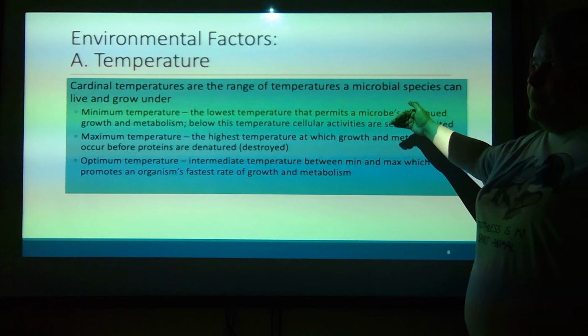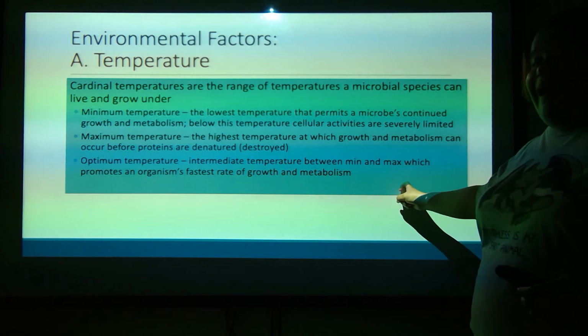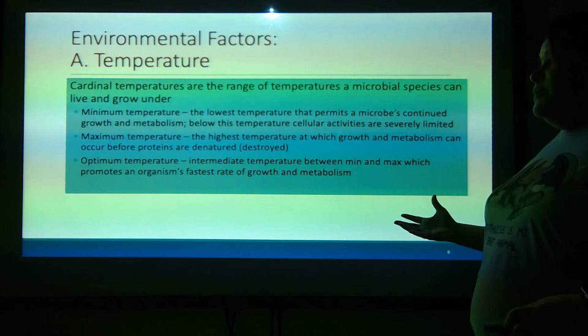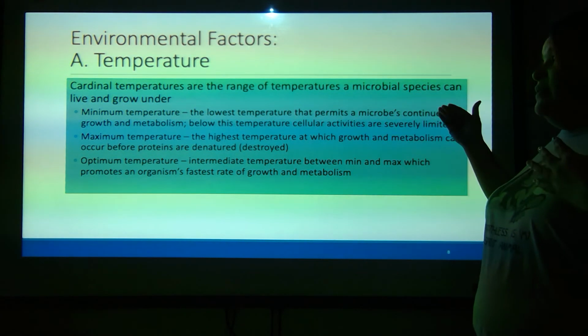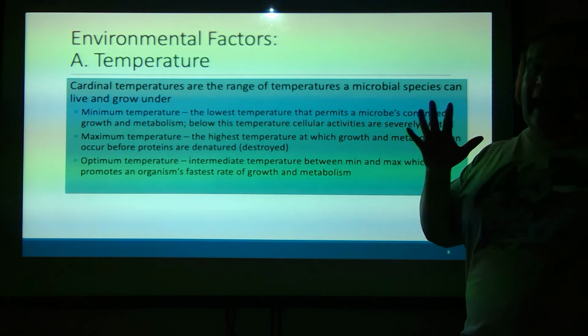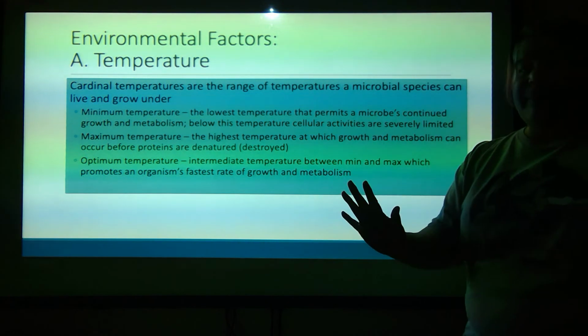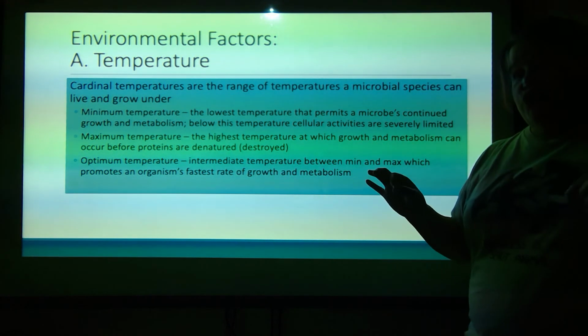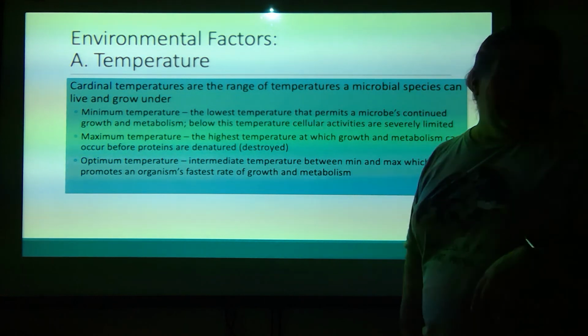In the middle of minimum and maximum is usually the optimum temperature. The optimum temperature is between the minimum and the maximum, and basically it is the absolute perfection of temperature that allows them to grow the fastest that they can.